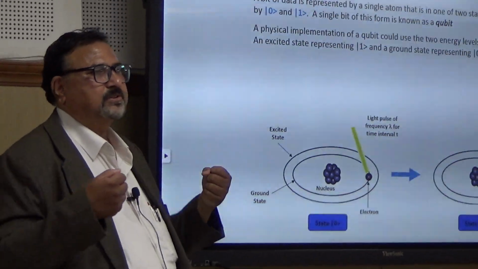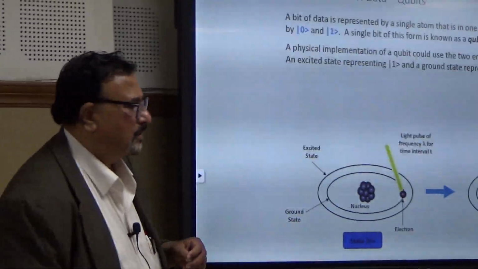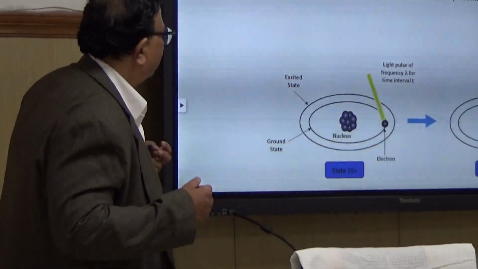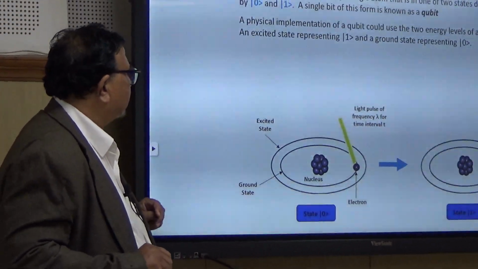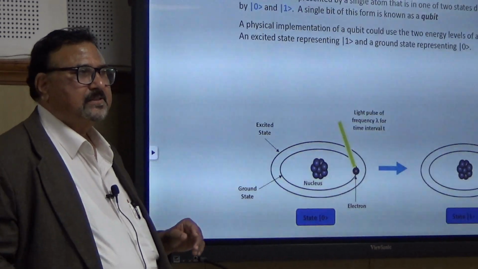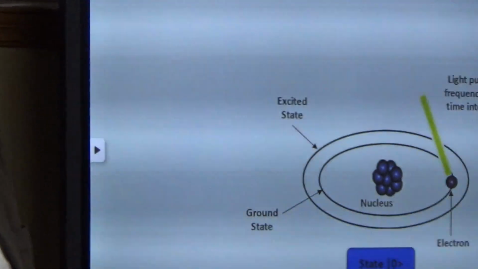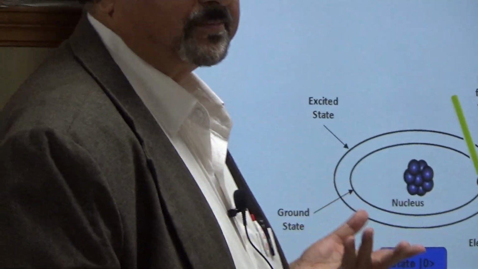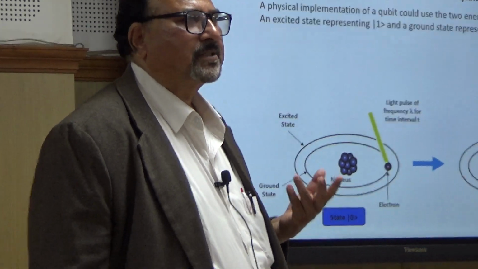Because there is a force called the Coulomb force between the nucleus and the external electron. And as a result of the balance of the charges, it stays in the orbit. Now the possibility is that when you give a light pulse, this electron will jump and move to the outer orbit. And once it moves to the outer orbit, it releases a photon because of the transition.